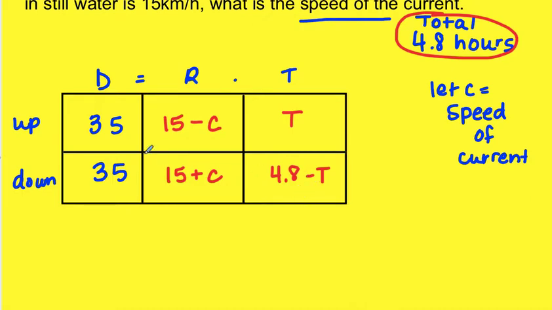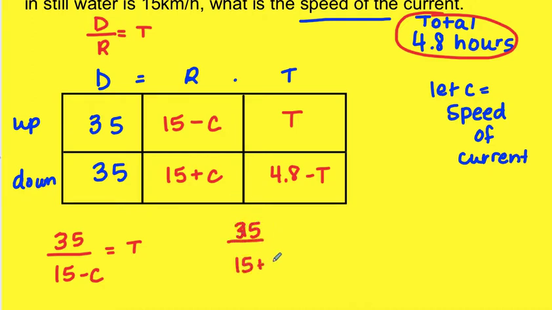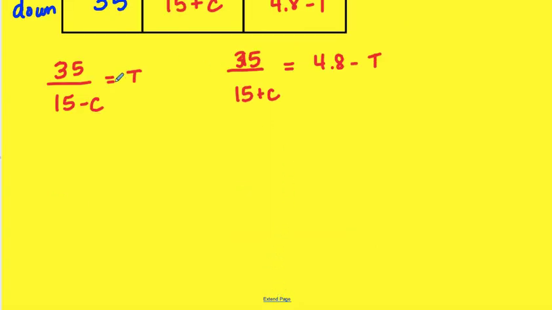All right, so now I'm going to write my equations. And remember, you've got two variables, so you're going to have to use the modified form, D over R equals T. So I've got 35 over 15 minus C is the first one, equals T. And my second equation is 35 over 15 plus C equals 4.8 minus T. Now this is where I can substitute this equation into the other.